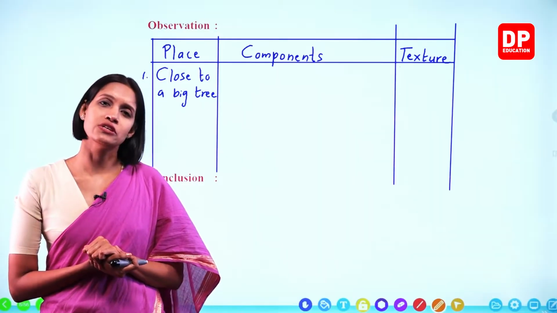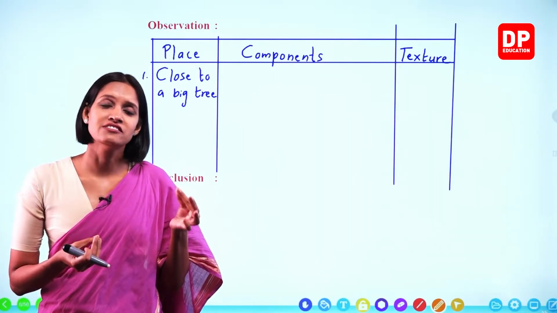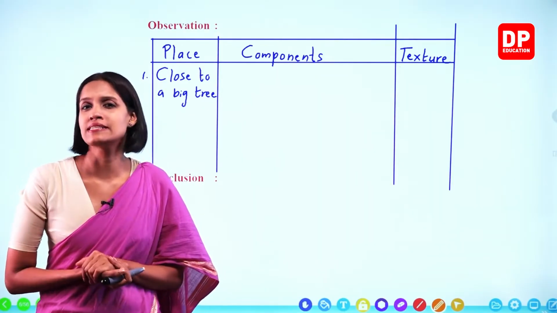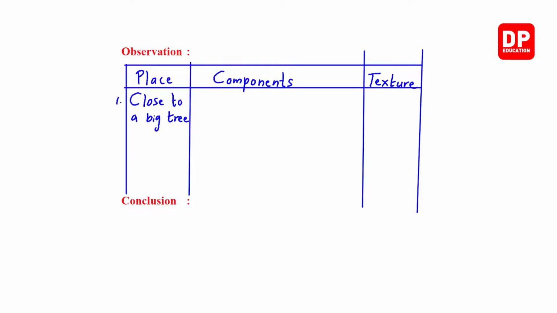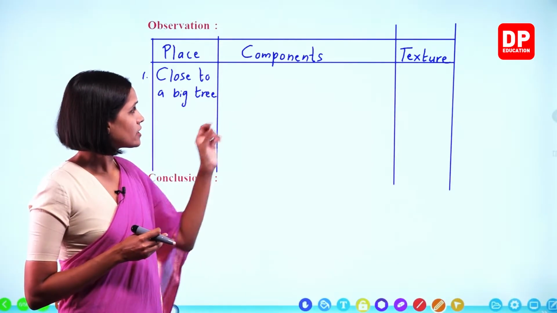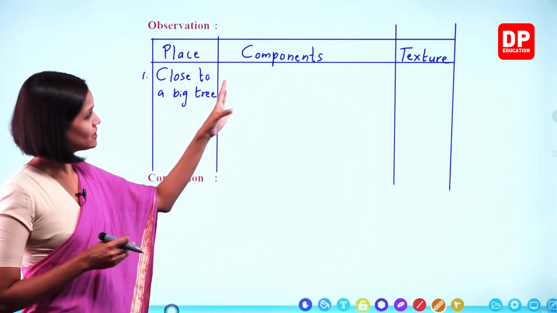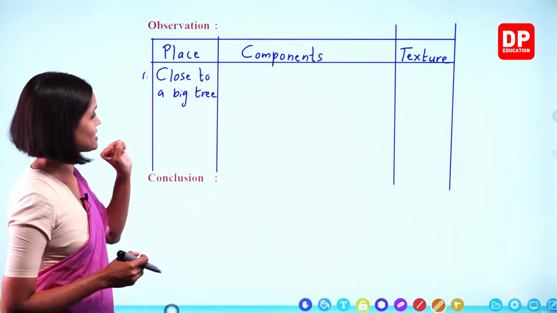What else did you observe, children? We could observe gravel and some sand particles as well. Okay, and I told you when I touched that soil, I could feel it a little bit softly because of the presence of moisture. Okay, children, and so texture we can write soft, or moist.